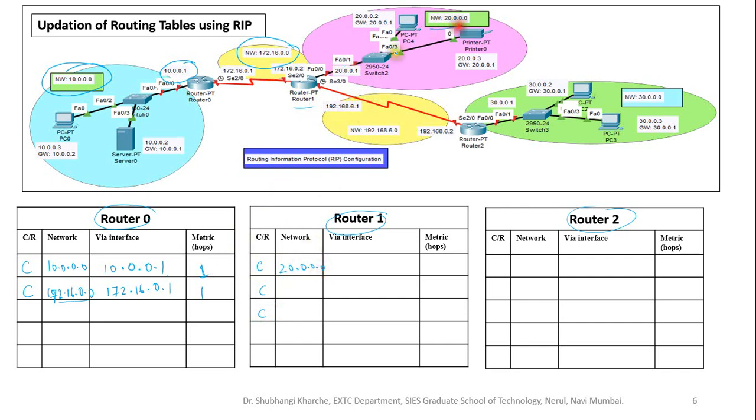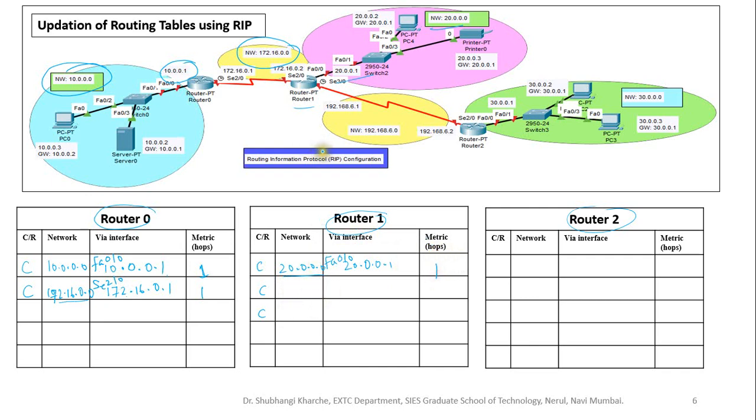It can reach this LAN network via the interface 20.0.0.1. So let me write here properly the interface, that is FastEthernet interface 0/0, and for router 0 it is also the FastEthernet interface 0/0, but the other network is reachable via the serial interface 2/0. And the hop count for this 20 dot network in case of router 1 is 1.